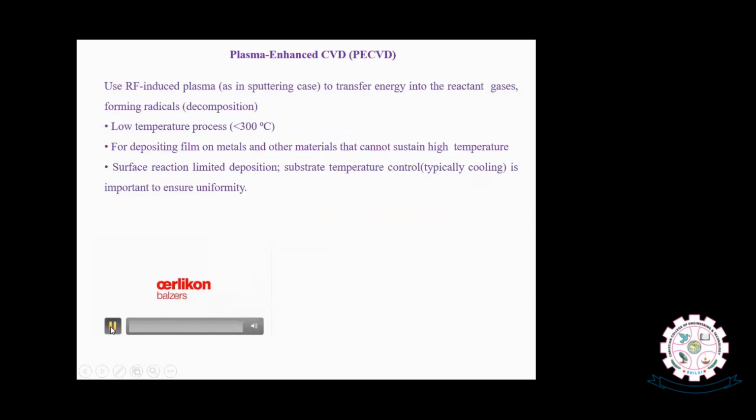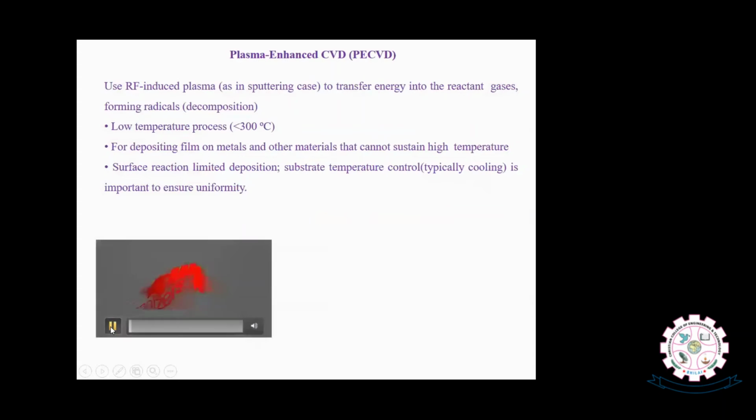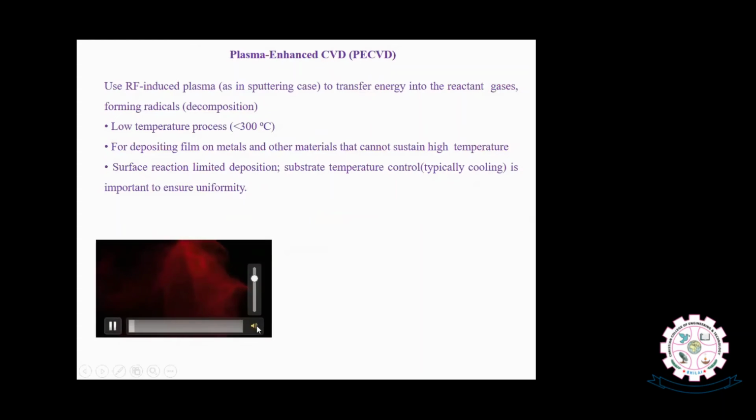So plasma enhanced CVD I am trying to put up here. Please have a look at how plasma enhanced CVD occurs.